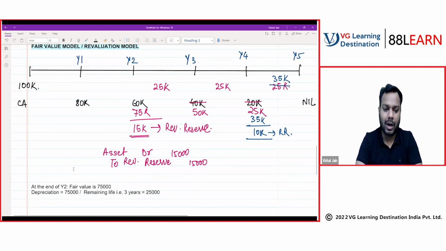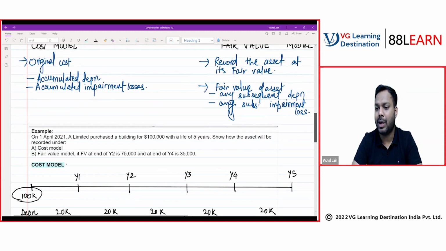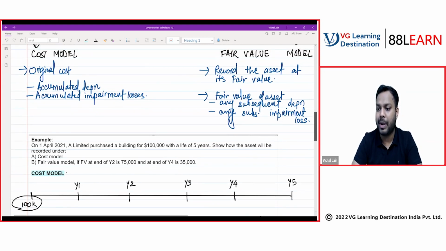Now, what is the carrying amount at end of year 3? Now tell me, what did I say here? Fair value of the asset minus any subsequent depreciation minus any subsequent impairment loss, right?